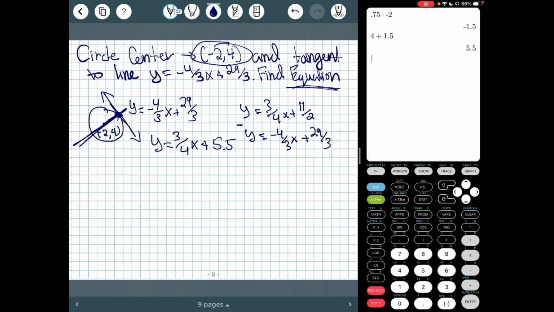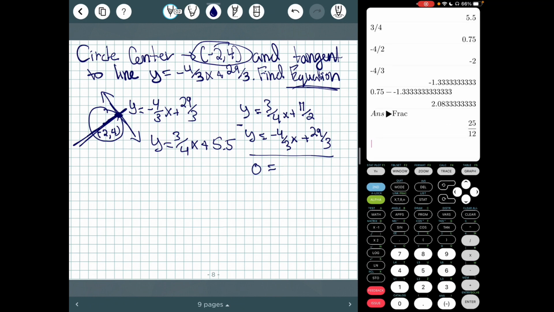We can subtract these. Subtraction will get rid of the y's, so we have 0 equals 3 over 4, which is 0.75, minus negative 4 over 3, so it'll be 0.75 minus that. Let's simplify that, and we get 25 over 12 x.